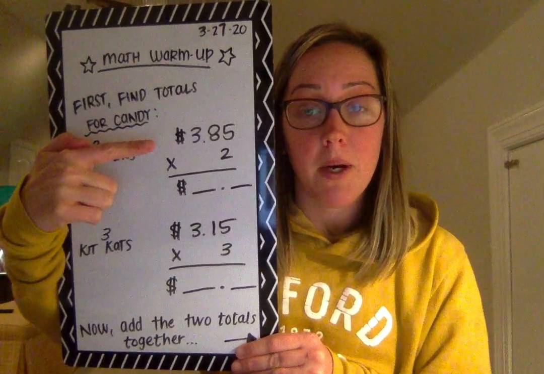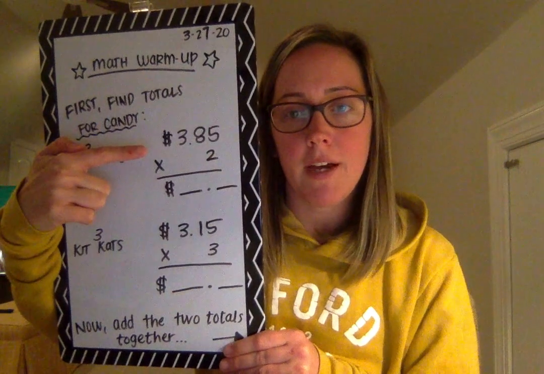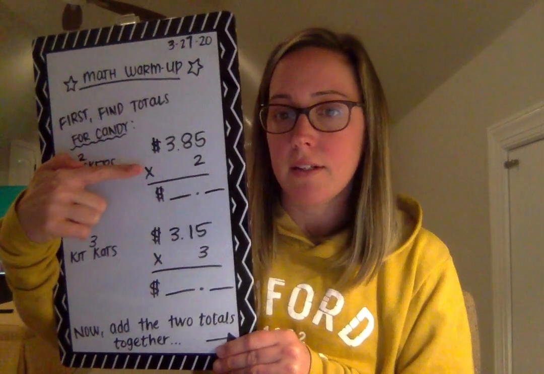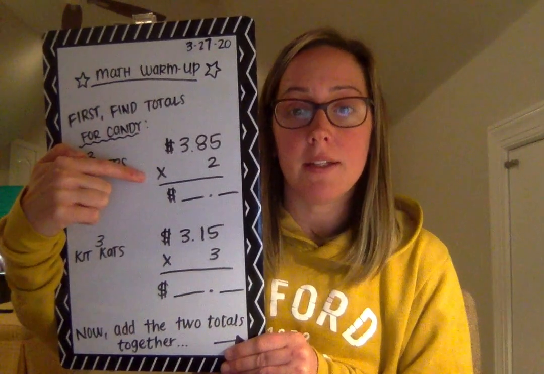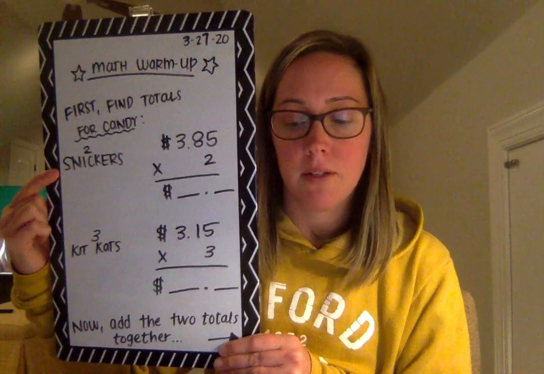Well, if she's bought 2 of them, all we have to do is take 3.85 and multiply it times 2. Okay, so 3.85, multiply it times 2, and that will tell you how much she spent on Snickers.